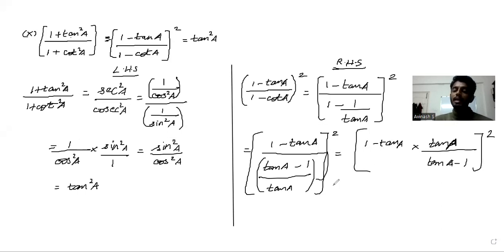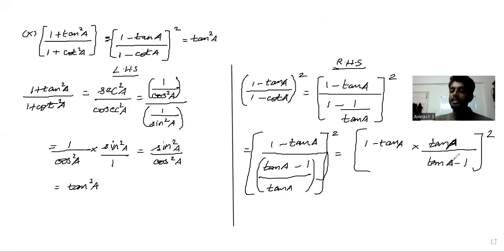I repeat, within the bracket, this term that is in the denominator has been taken and reversed. When it goes to the numerator, it gets reversed, which means this will come to the numerator and this will go to the denominator. And that is what I have done. Still I have not squared it. The square is still there outside.